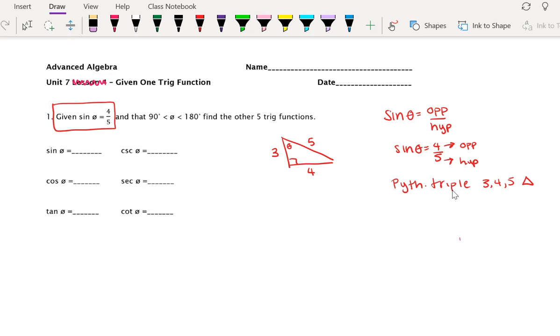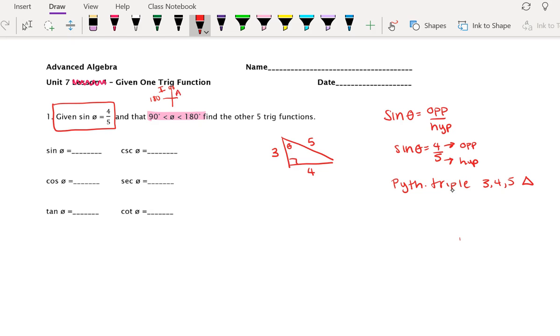Okay, so the other piece of information is that theta is between 90 and 180 degrees. Here's 90, here's 180, that means we're in quadrant 2.